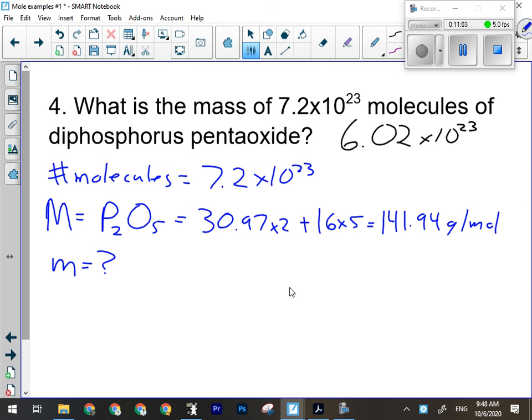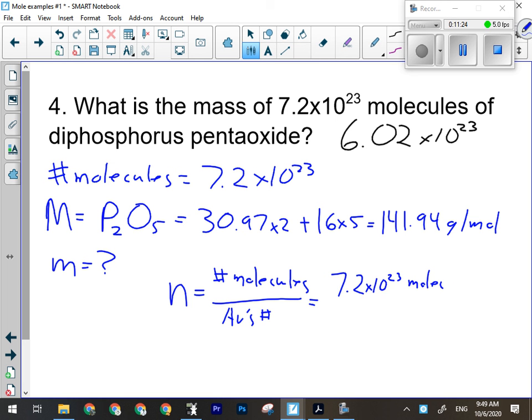Another way to look at it, mathematically speaking: if we want to calculate n, it's going to be the number of molecules divided by Avogadro's number. So 7.2 times 10 to the 23 molecules, divided by 6.02 times 10 to the 23, and the units for Avogadro's number would effectively be molecules per mole.